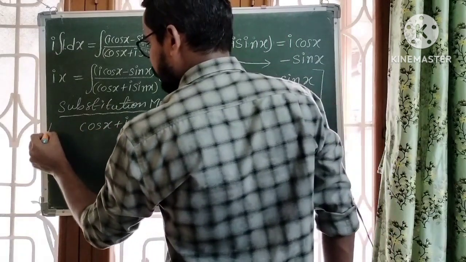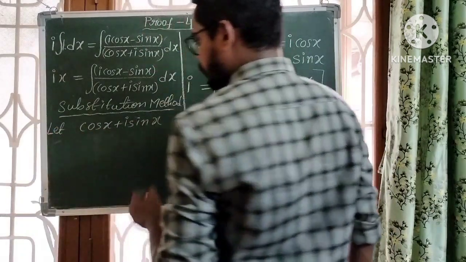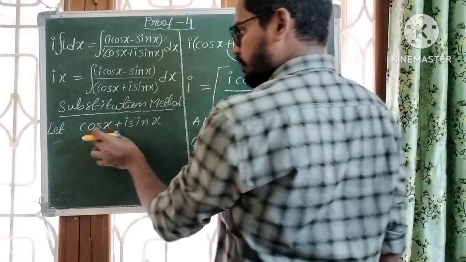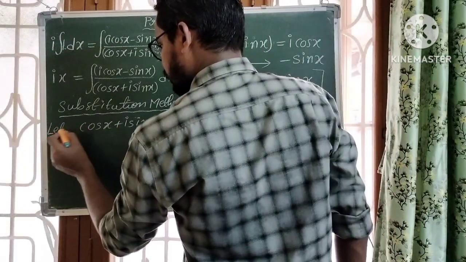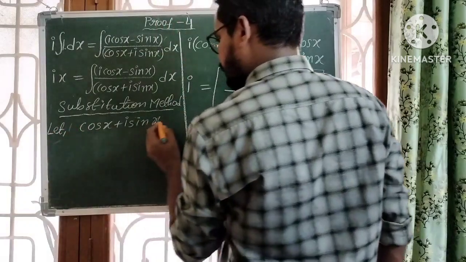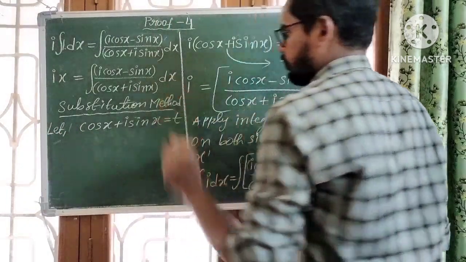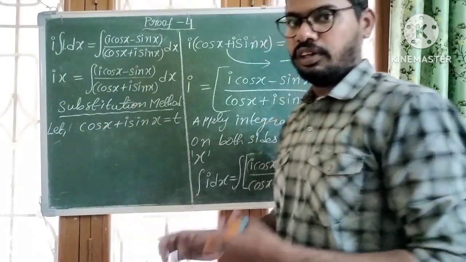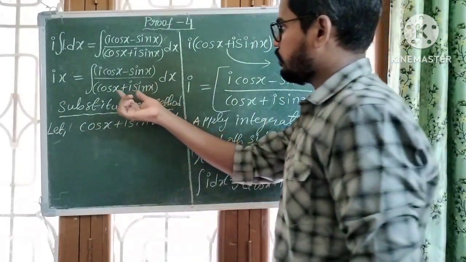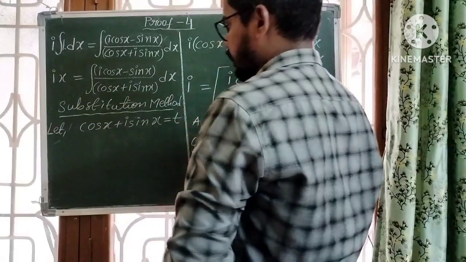In the substitution method, we have to consider some variable. So let t be equal to cos x plus i sin x. Let us assume the denominator is equal to t.